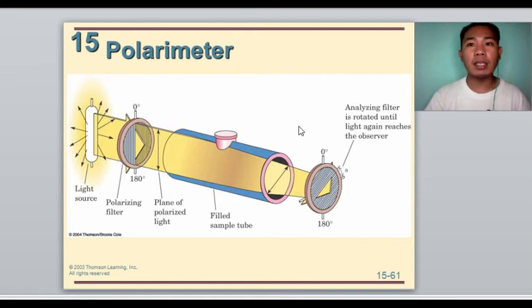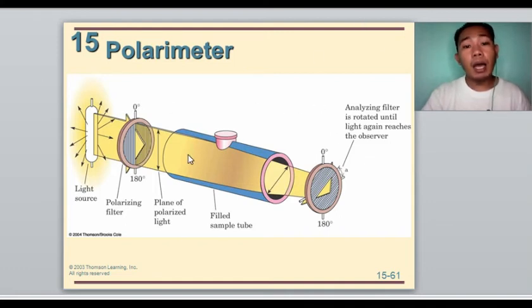Certain materials, such as a Polaroid sheet, which is a plastic film used in polarized sunglasses, selectively transmit light waves vibrating only in parallel planes. Electromagnetic radiation vibrating in only parallel planes is said to be plane polarized.